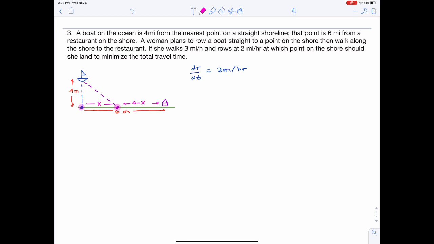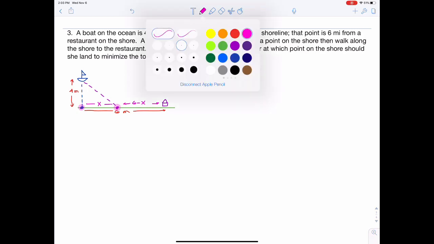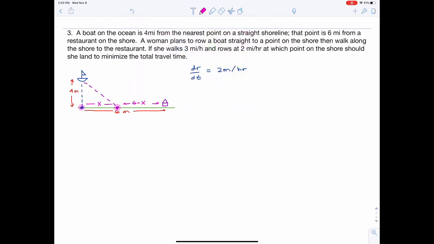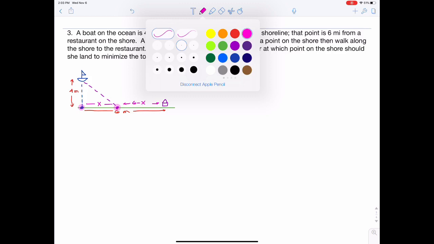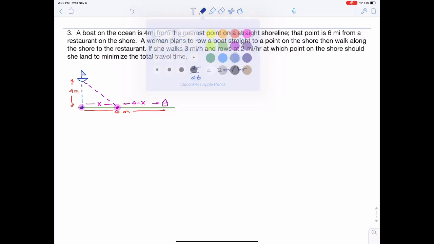Okay, so what they've given us is her walking speed. That's her change in x. So her change in x, dx dt, is 3 miles per hour.